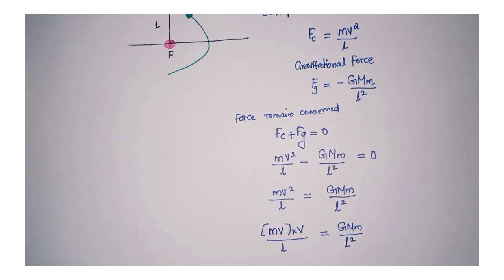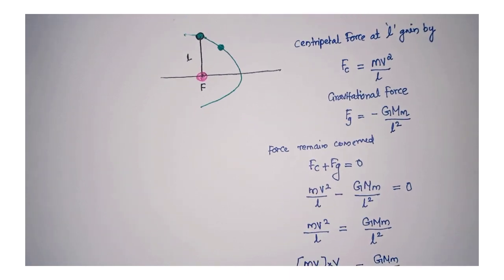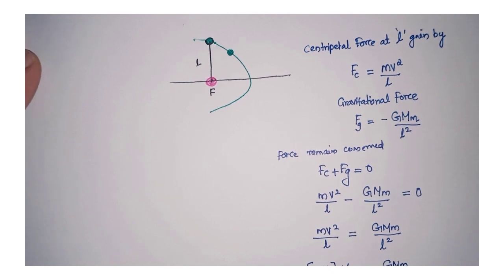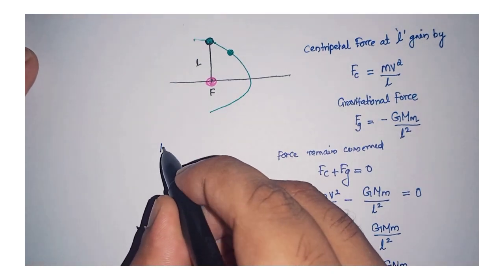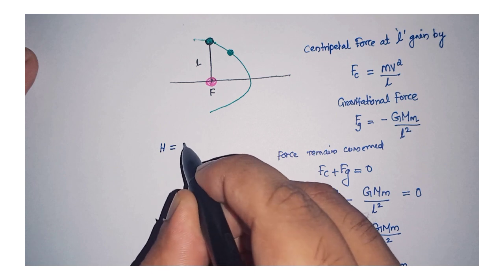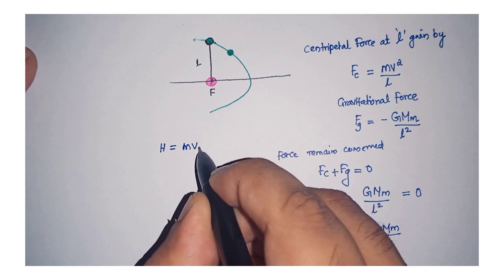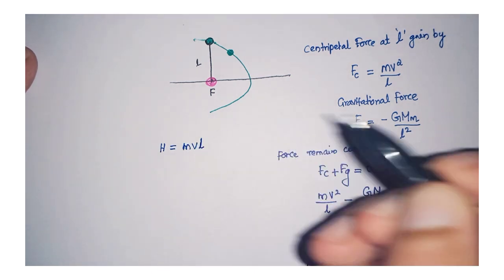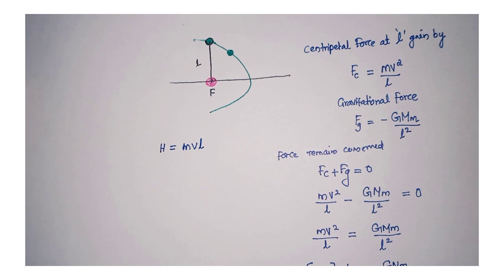Divided by L square. Now I want you to recapitulate the concept of angular momentum, which is given by h. Your h is given by mv into the distance L. Instead of radius, we have the semi-latus rectum distance, which is L. So mv into L we can write. Which is fine.